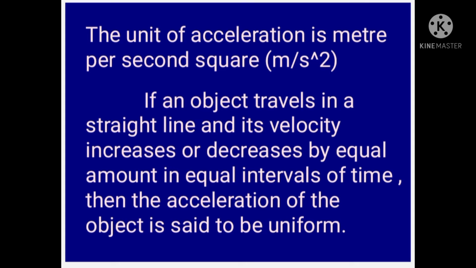Here the velocity is decreasing in a regular manner, and the time taken is always 2 seconds. So the value of acceleration is negative in this case because the final velocity is less than the initial velocity.